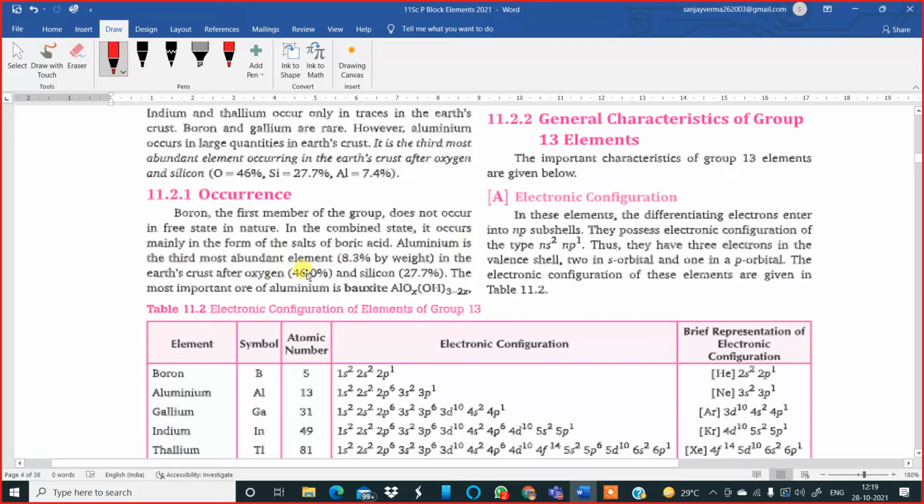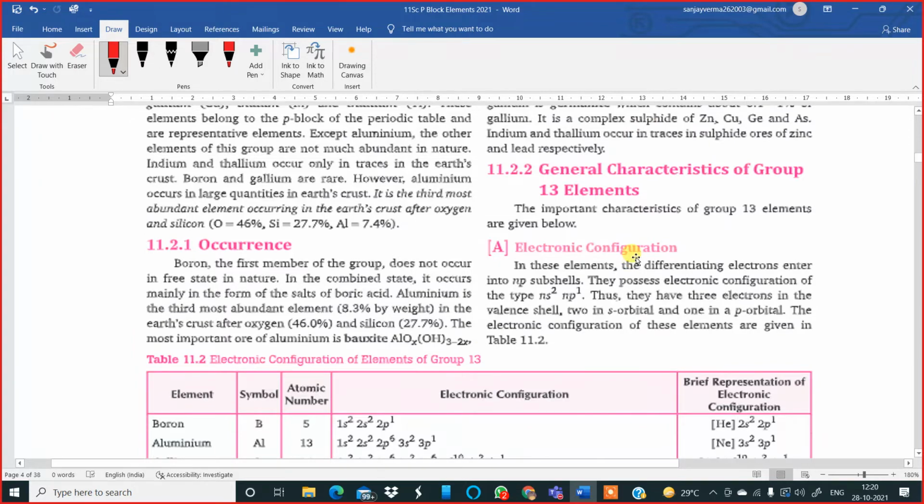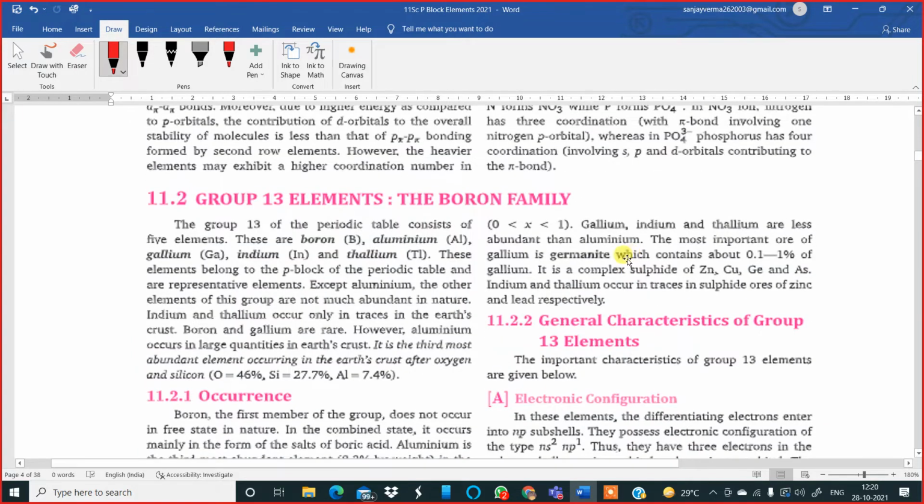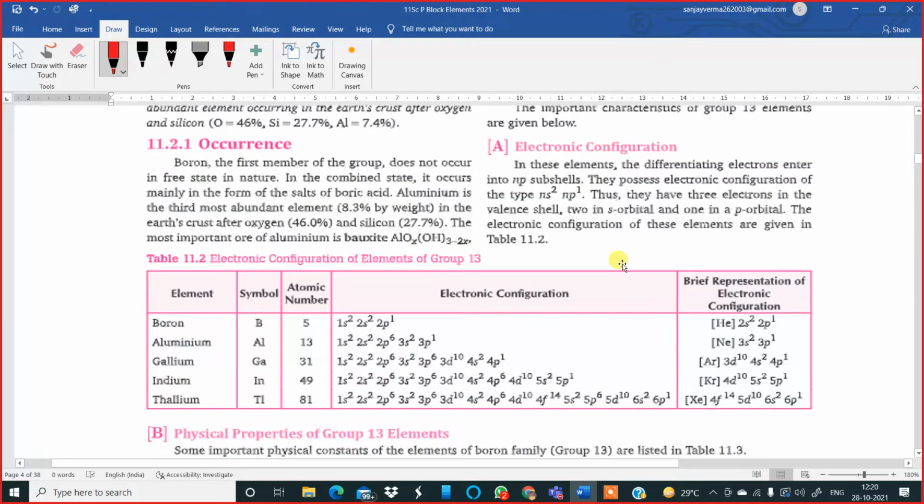Aluminum is the third most abundant element, 8.3% by weight, which is quite huge, in the Earth's crust after oxygen, which is 46%, and silicon, which is 27.7%. So oxygen, silicon, then comes aluminum. The most important ore of aluminum, which we learned in class 10 also, is bauxite, Al2O3.xH2O.